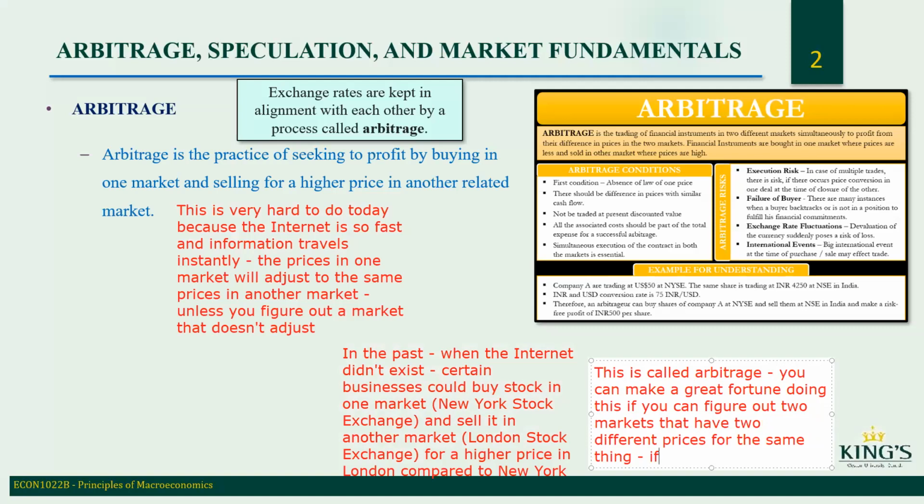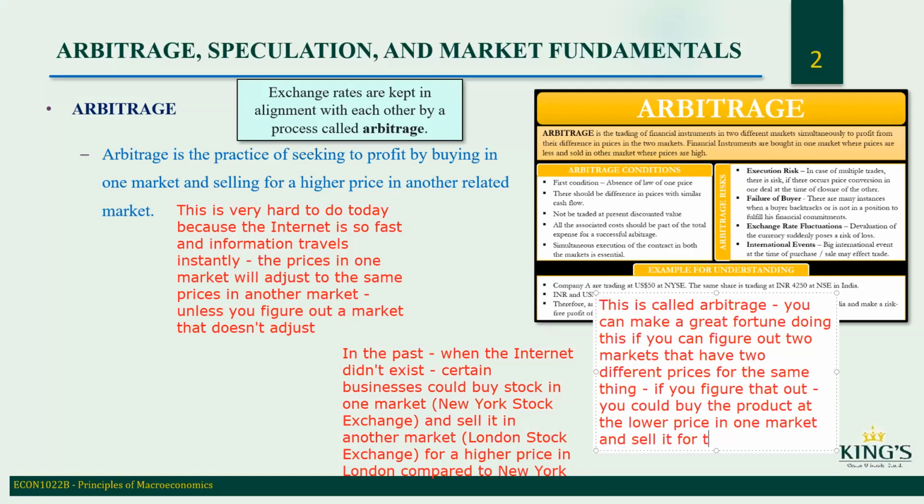If you could figure that out, you could buy the product at the lower price in one market and sell it for the higher price in the other market. So that's the benefit of arbitrage.